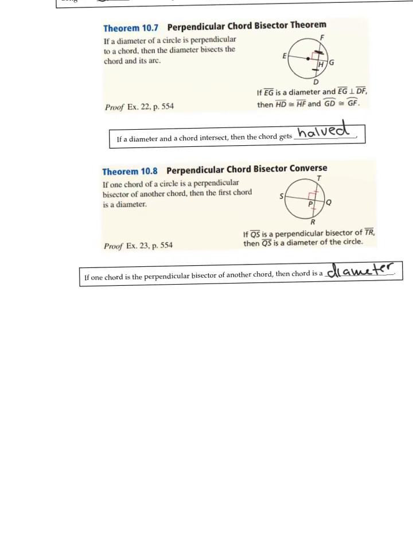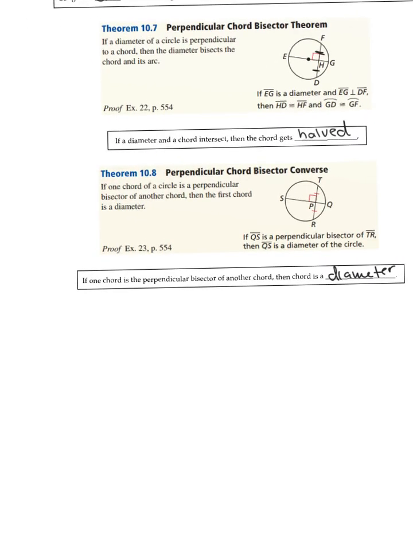There is one other theorem that I want to talk about that wasn't stated in the notes, so I actually want you guys to include this. This is going to be called the equidistant chords theorem.